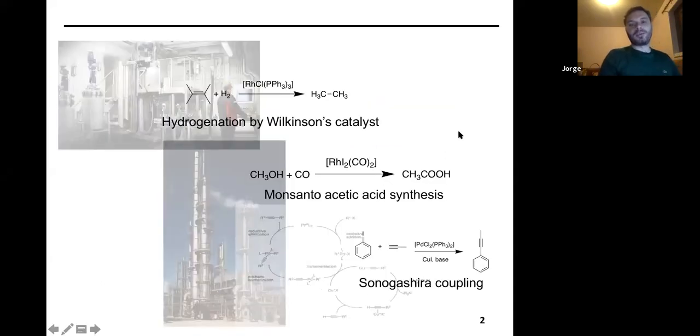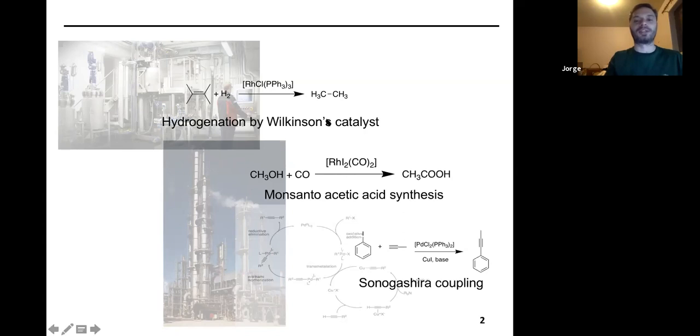So inorganic reactions are very, very important, and they are all over the place in most of the catalysis mechanisms and reactions. And as we can see here, we have several examples of inorganic compounds that act as catalysts in the most wide variety of organic reactions.